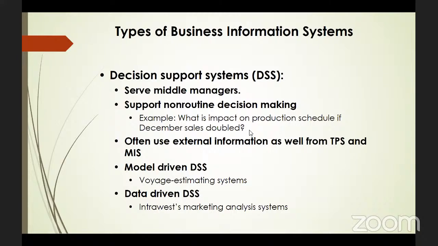If the sales doubled, like right now, people are making air across the world since there's not enough oxygen. What would happen to the production schedule if there's an increase in sales, and what would we make? I don't know. It seems to me that's very non-routine. Or people who made masks, clearly they have upped their sales. There's a whole bunch of businesses where some have decreased and some have increased.